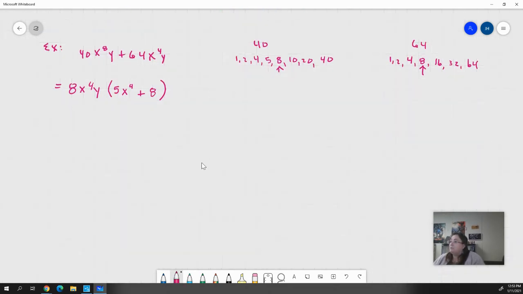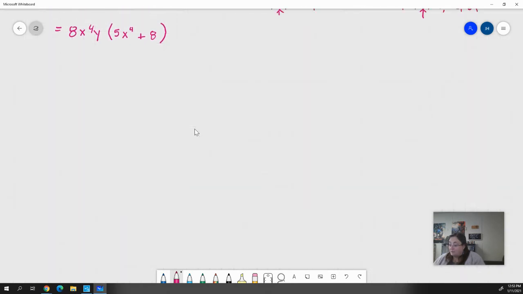The last thing I want to talk to you guys about is factoring trinomials. Today we're only talking about trinomials where, if we have ax squared plus bx plus c, the a value equals 1, right?